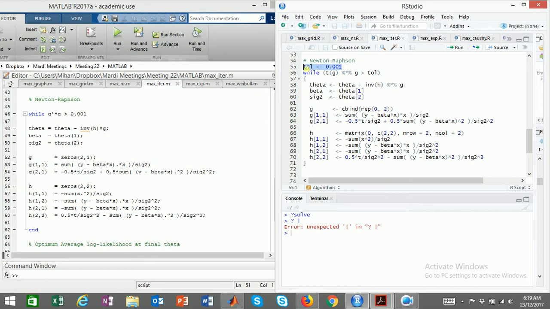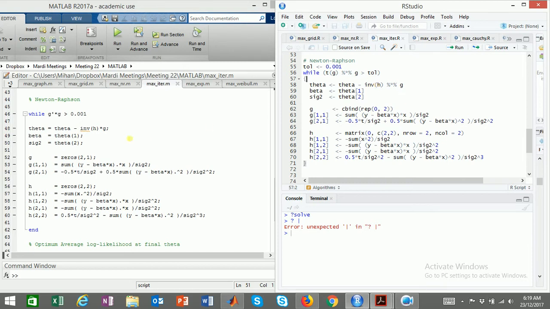What is changing here is the Newton-Raphson. R makes it even easier, where the tolerance is set to 0.001. We could have done it while the transpose of the gradient multiplied by the gradient is greater than the tolerance. Up until that point there is no change in the iterative functions.